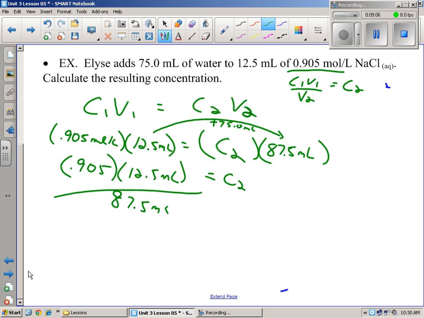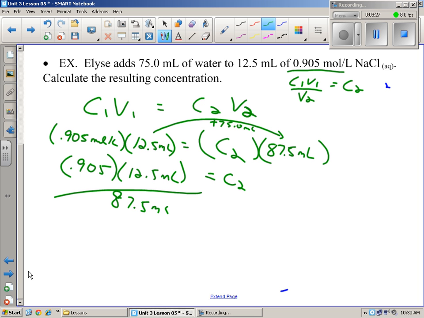This is not a specific formula. This is a comparison, beginning to end. So as long as your units are the same, that's all that matters. If you want, you can change them both to liters, absolutely. If you want to keep everything in liters, that's fine. But just know that they have to be the same.